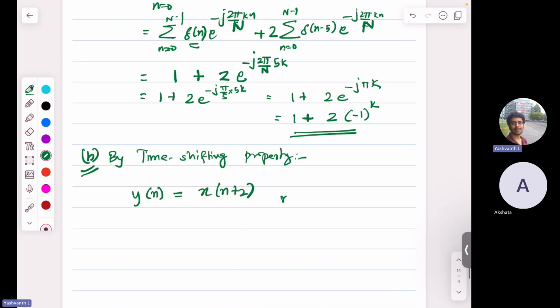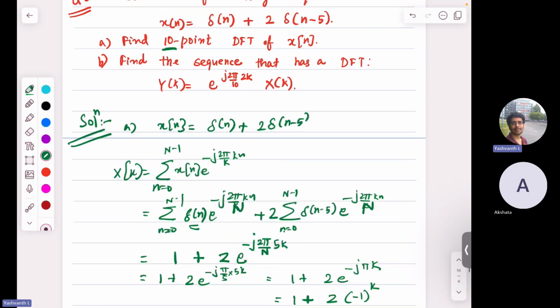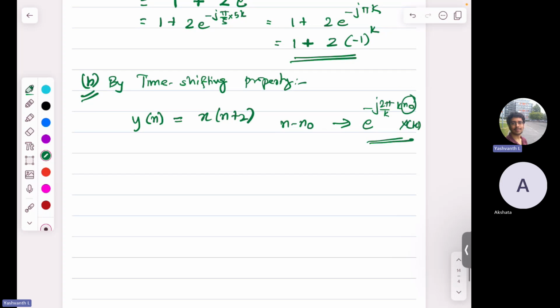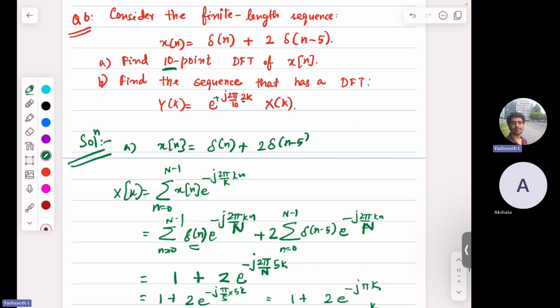See, n minus n naught gives rise to e power minus j 2 pi by N into k n naught times x of k in the frequency domain. Here it is plus, which means n naught is equal to minus 2. Therefore, n minus n naught becomes n plus 2. That's why I wrote n plus 2. So y of n is nothing but x of n plus 2 itself. But what is x of n? Delta of n.